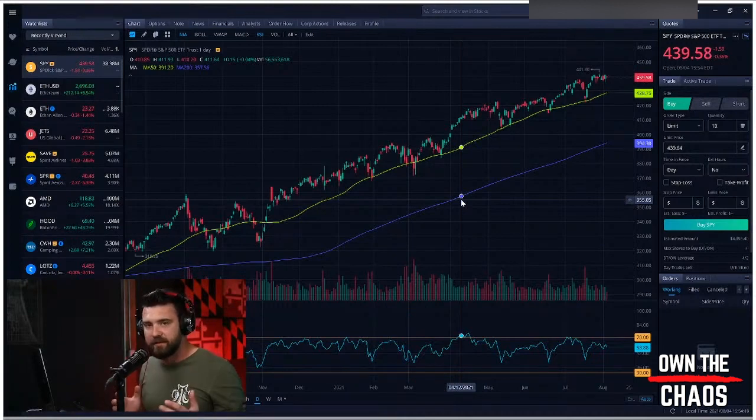And a lot of institutional investors, the big money, the smart money, if you will, use these as well. And so it can really help you and give you an edge if you're a retail trader, because if the institutions are using these indicators, then I should probably be able to do that as well.